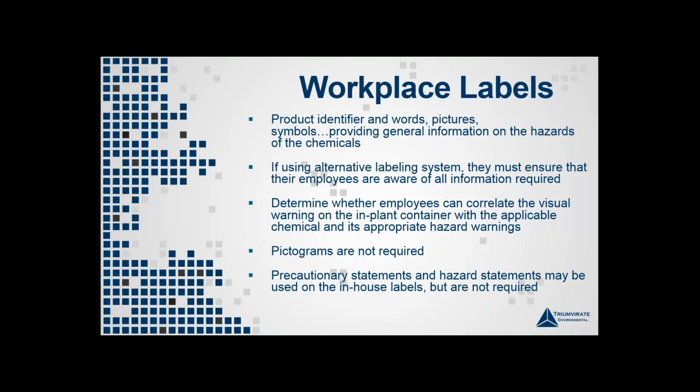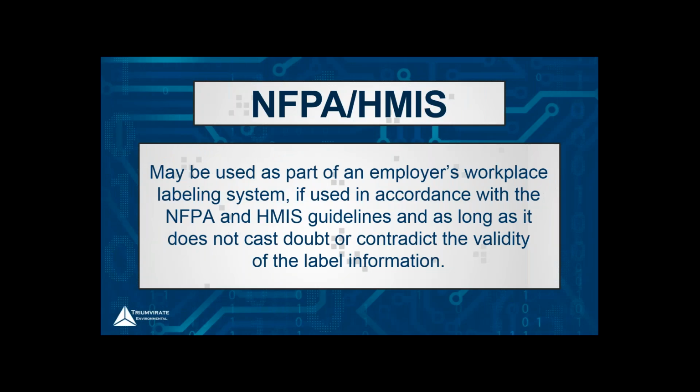So, of course, this has always been asked, can we still use the NFPA or the HMIS system? OSHA hasn't said no, but they say you can use it as part of your system, but it can't be contradictory in any way.